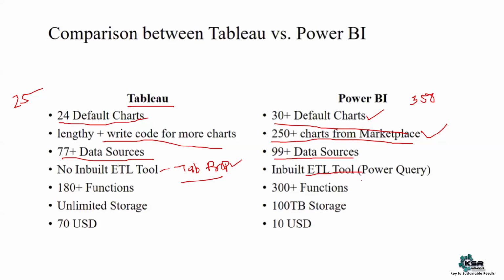Whereas in Power BI, we have a transformation tool called Power Query. This is one of the components of Power BI, and going further, we will be discussing the components. But just to give you an idea, in Tableau, we do not have any built-in complete ETL tool. Whereas in Power BI, we have Power Query, which is more powerful, and all the transformations are easily doable.